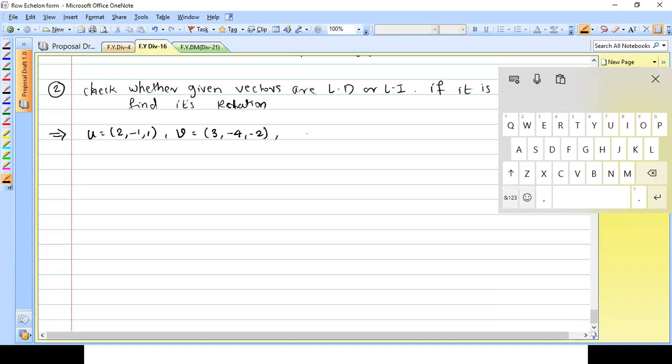And W they have given 5, -10, -8. I just check one more time. U is 2, -1, 1. V is nothing but 3, -4, -2. And W is nothing but 5, -10, -8. Okay, check it out whether it is 0 or not, whether it is dependent or independent.